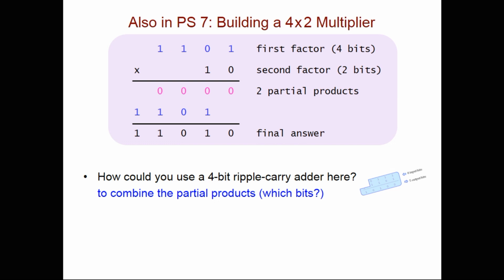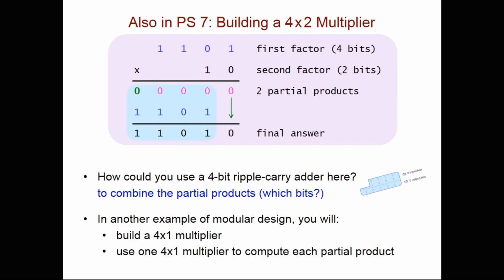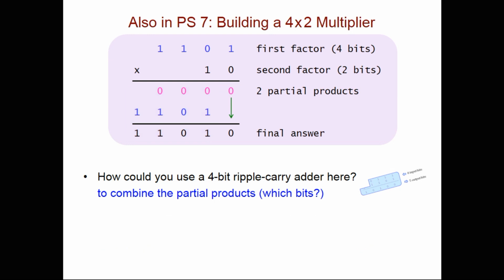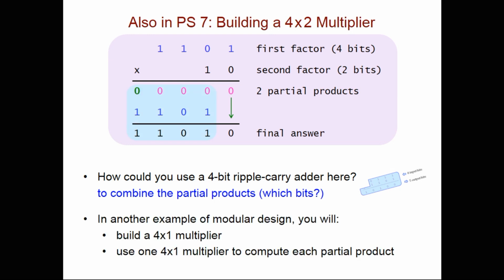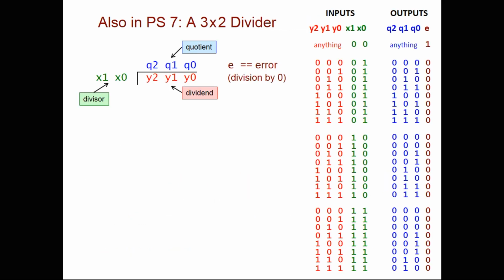So you need to add these partial products using a 4-bit ripple adder, and we can build a 4x1 multiplier.